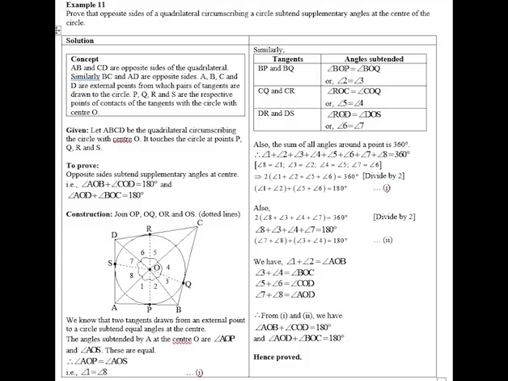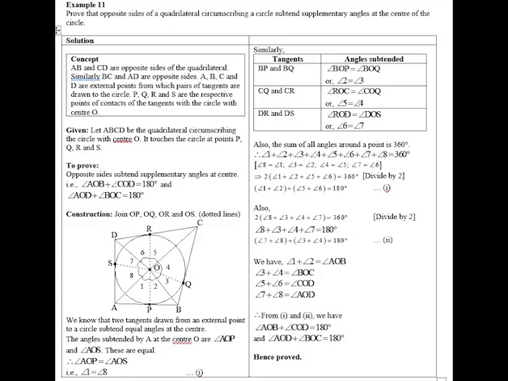Since angle 8 is equal to angle 1, angle 3 is equal to angle 2, angle 4 is equal to angle 5, angle 6 is equal to angle 7, we have 2 times (angle 1 plus angle 2 plus angle 5 plus angle 6) is equal to 360 degree. Dividing by 2 we get angle 1 plus angle 2 plus angle 5 plus angle 6 is equal to 180 degree. Mark this as equation 1.